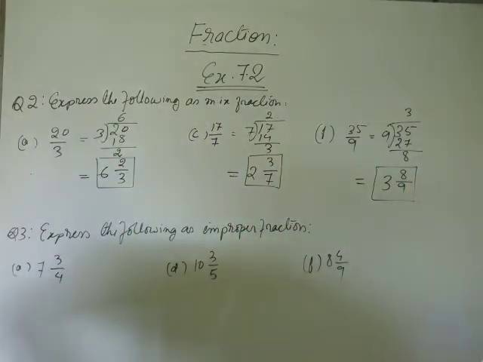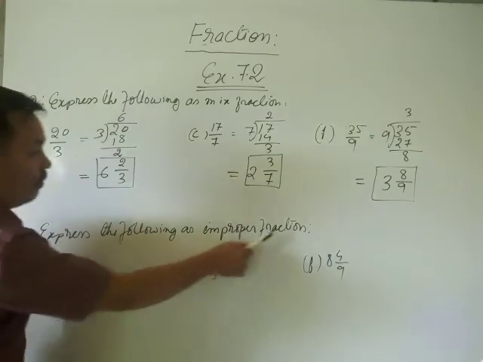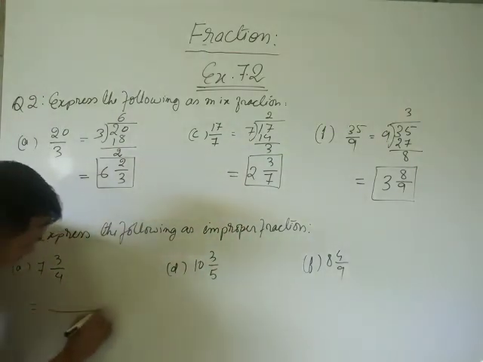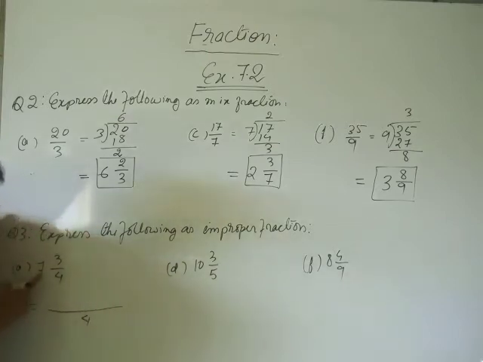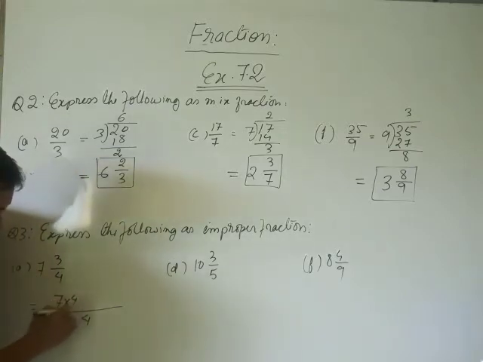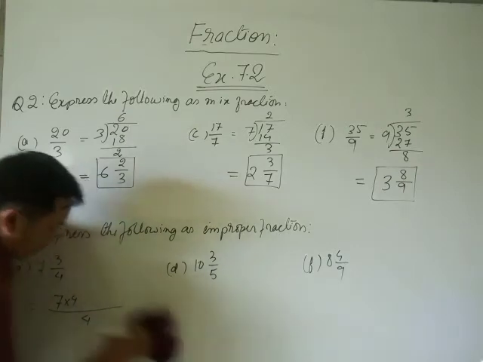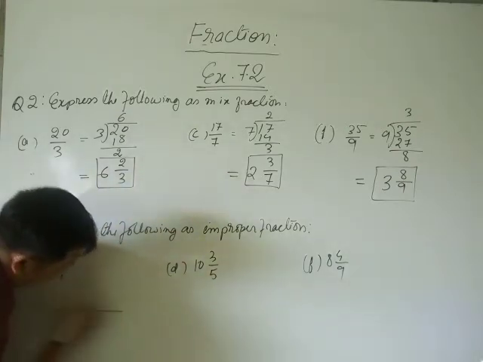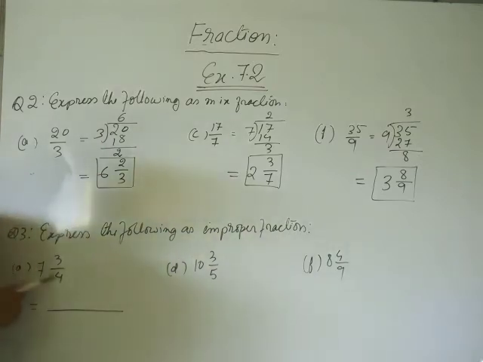Okay. Then next, express the following as an improper fraction. For that, what we have to do, my dear student, is draw a little longer line here. Then we have to multiply this whole number 7 and 4. Once again, please try to understand. We multiply the denominator and the number, 7 into 4, then we have to add 3 here.